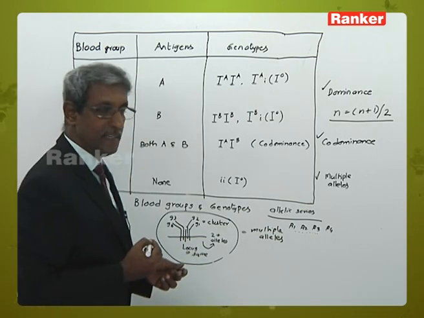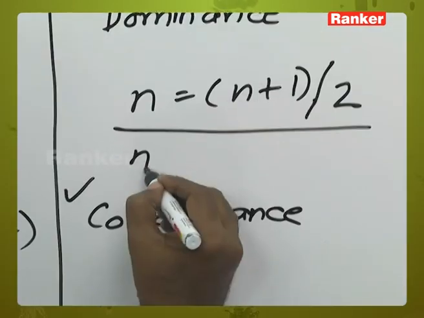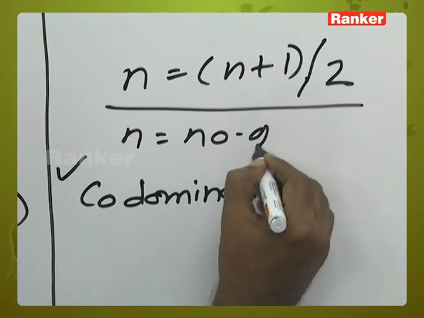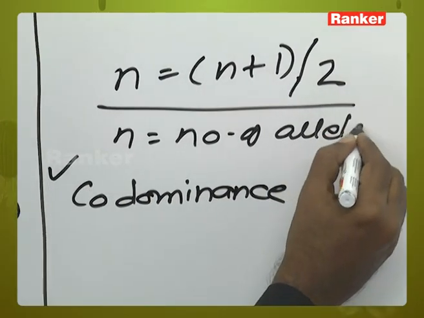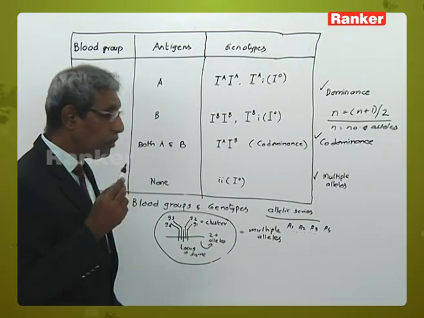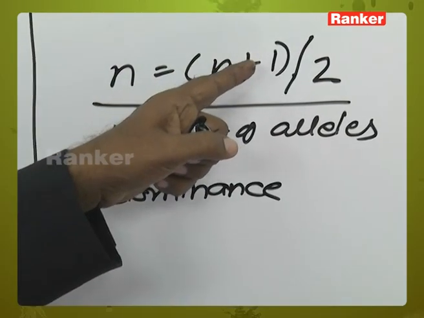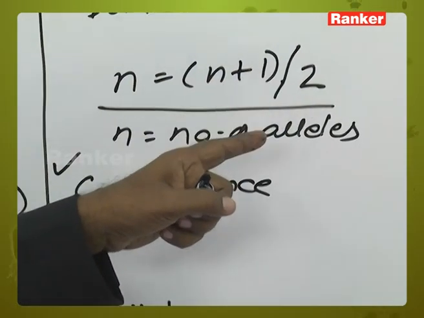Here n is the number of alleles at the locus. Imagine we have two alleles. So it will be 2 into (2 plus 1), which is 3, divided by 2.